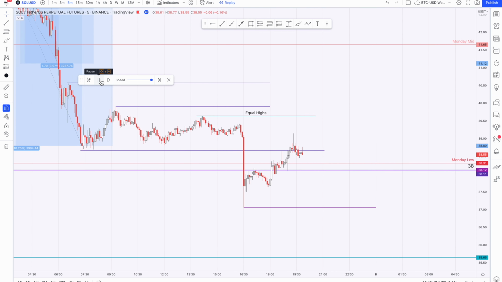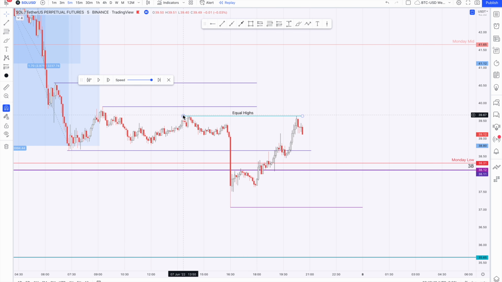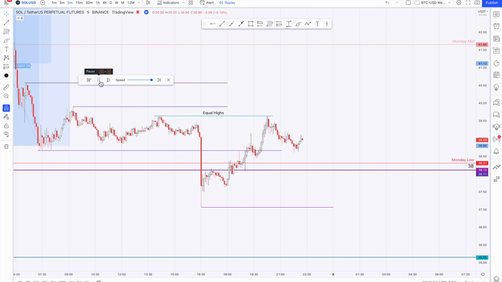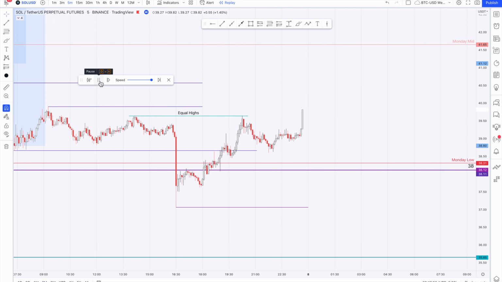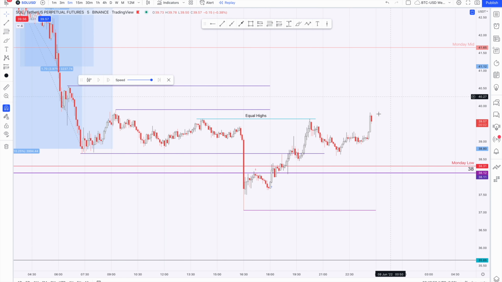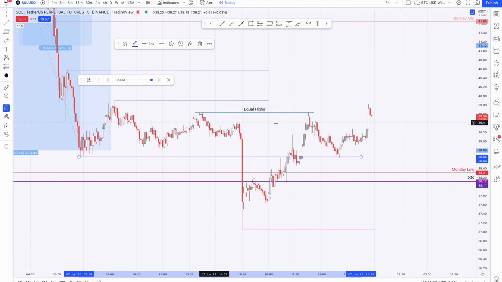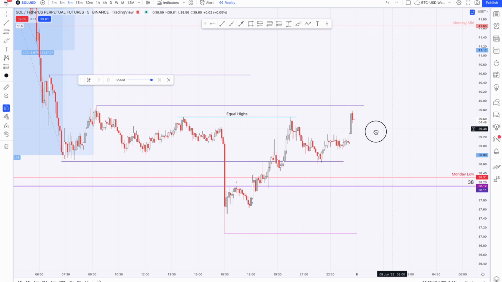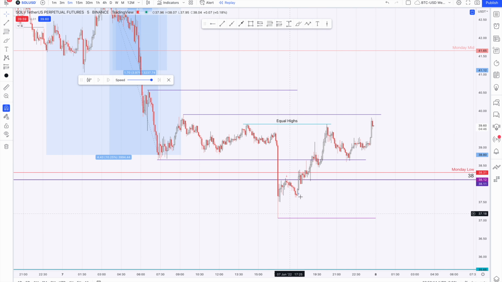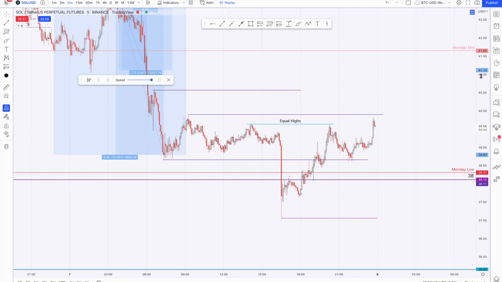We go above this level, hold on to it, and then we create these equal highs. Right, so I was just about to tell you guys, we have these equal highs here. What do we have right above these equal highs? Liquidity, right? So the price has already tapped into it, and yeah, this has been a decent jump.